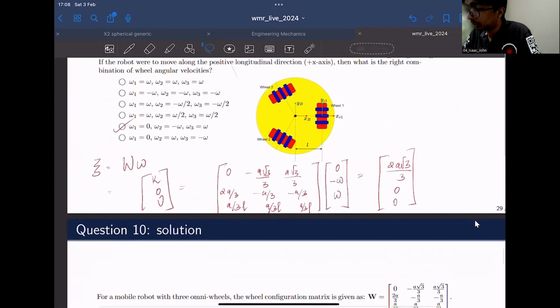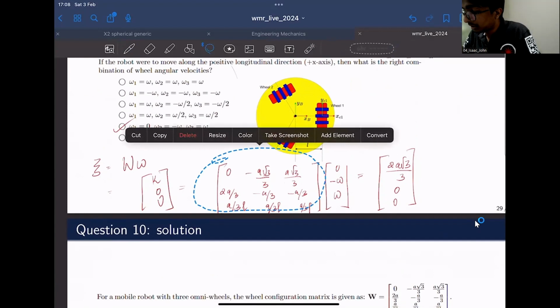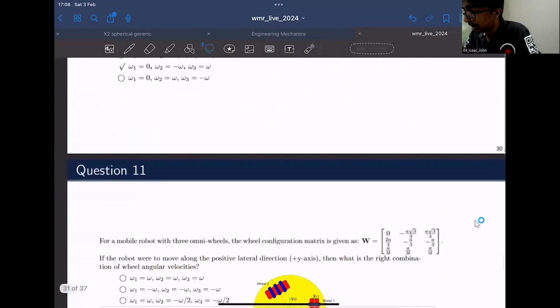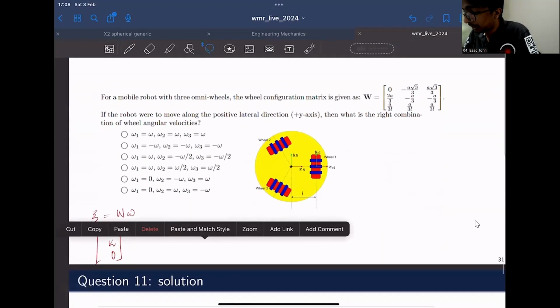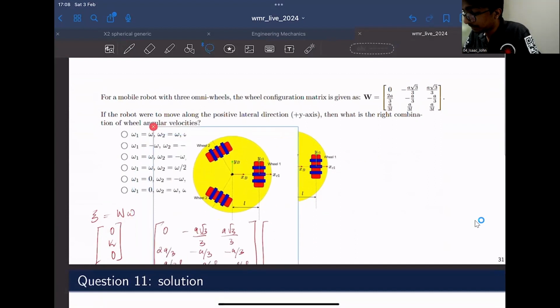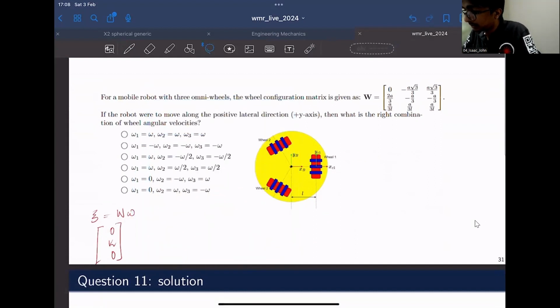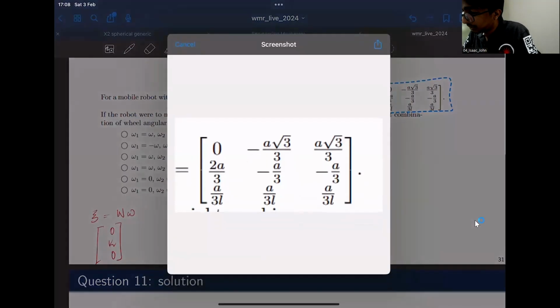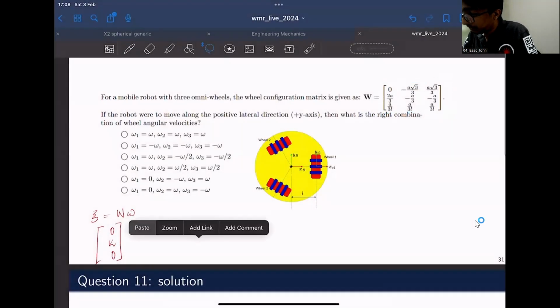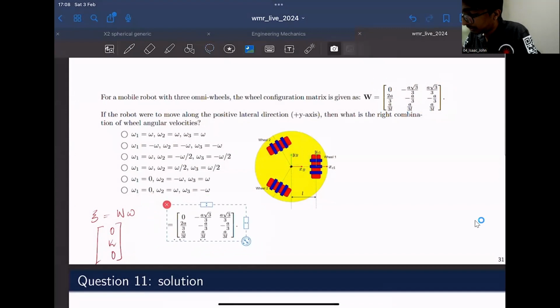So again, I'll try to reproduce this matrix, copy, and paste it over here.